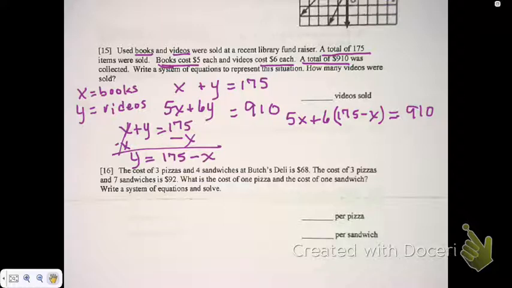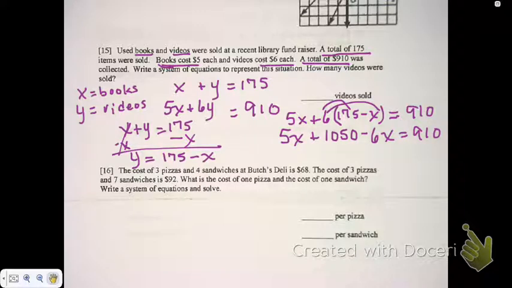Now I have to solve it, and so to solve a multi-step equation, we start with distributive property. So I've got 6 times 175 and 6 times negative 1. So what's 6 times 175? It's 1050 minus 6x, right? Equals 910. Alright, combine like terms.